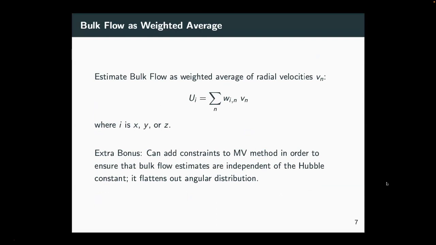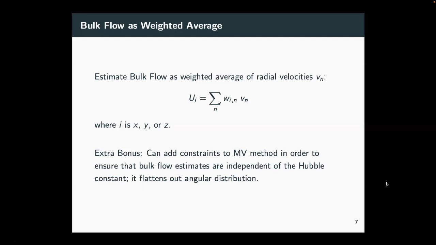Okay, so a bonus of that method is it's easy to add constraints to the minimum variance method to ensure that the bulk flow estimates are independent of the Hubble constant. This is essentially flattening out the angular distribution. A change in the Hubble constant introduces a phantom radial flow to your survey.